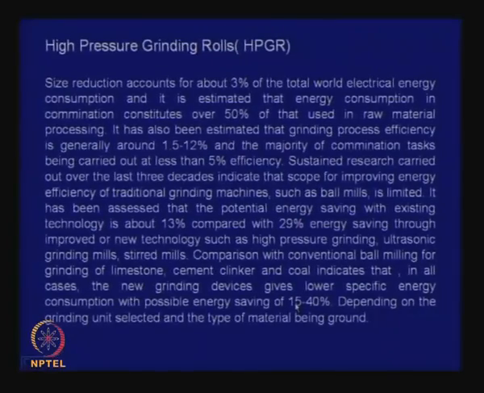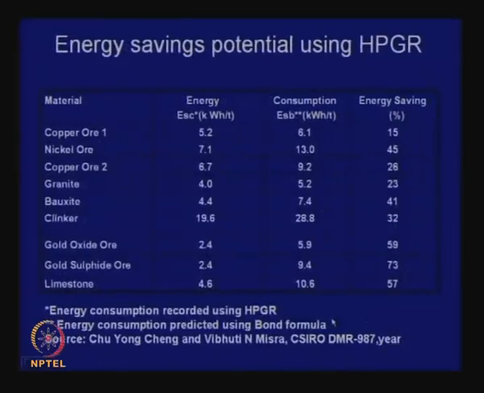A substantial amount of energy can be saved during grinding if you use newer grinding techniques. Of course, it will depend on the grinding unit selected and the type of material being ground, obviously.